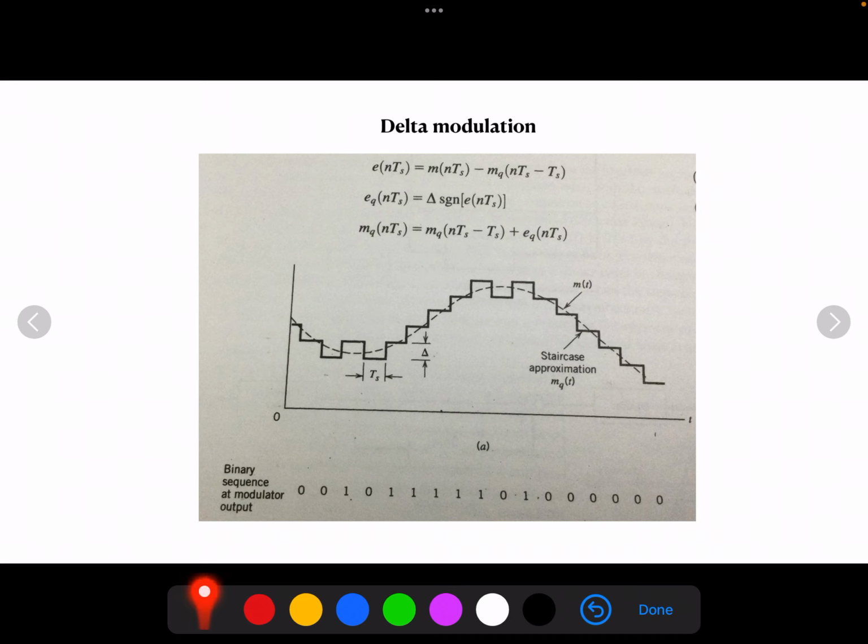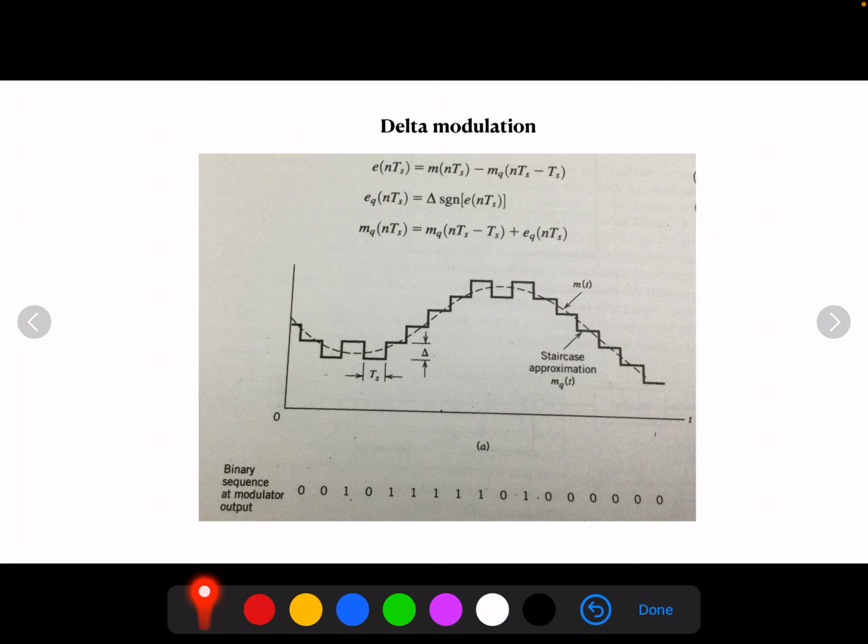In delta modulation, an incoming message signal is oversampled, that is, at a rate very much greater than the Nyquist rate, to purposely increase the correlation between adjacent samples of the signal. This is done to permit the use of a simple quantizing strategy for constructing the encoded signal.